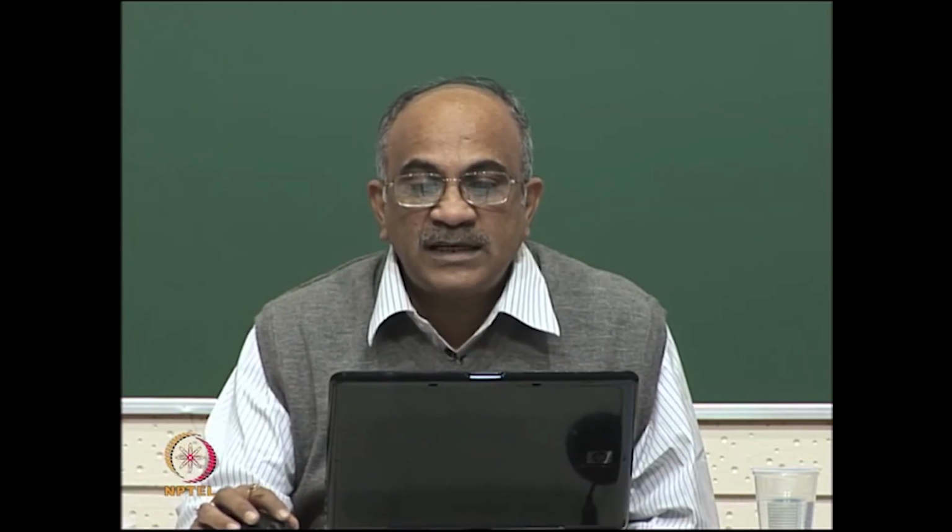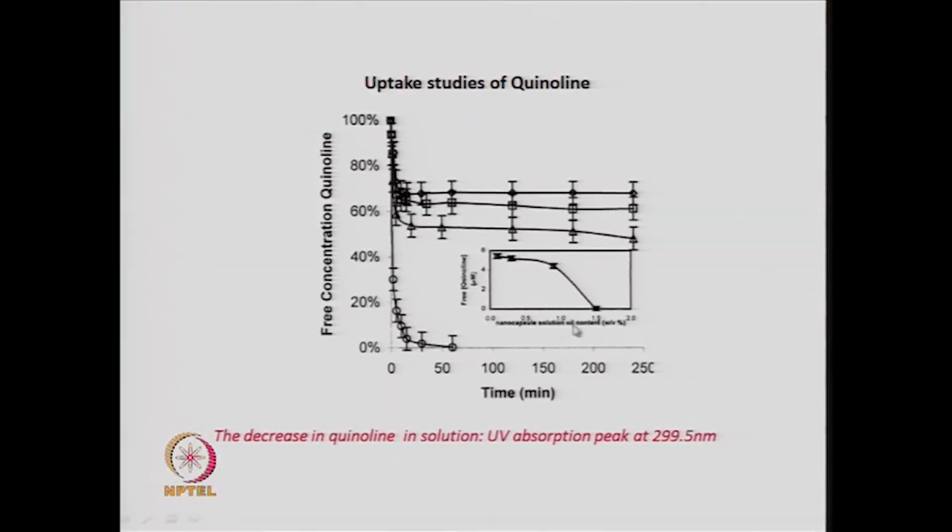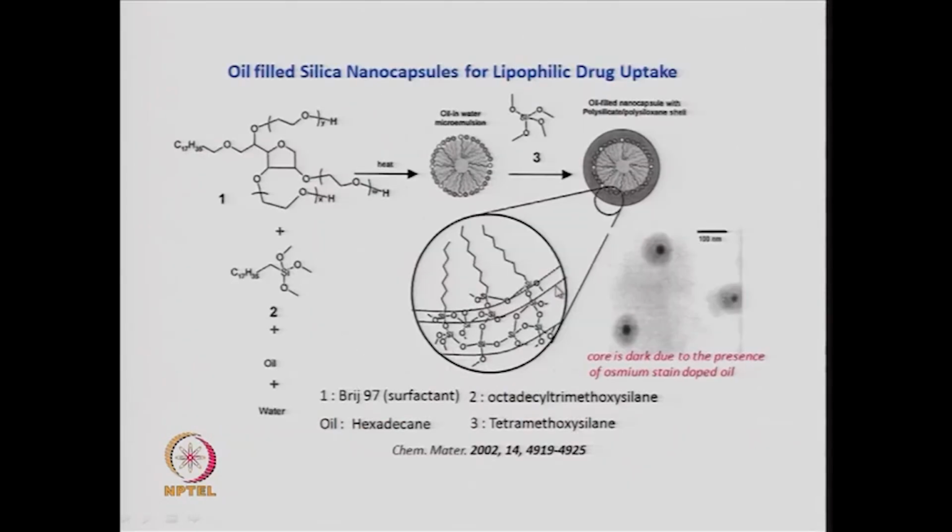You can also vary the concentration of the nanocapsule solution and free quinoline. If you plot that, you see the free quinoline is decreasing as you increase the nanocapsule solution oil content. That means if the oil content is very large, then you can take more drug inside.